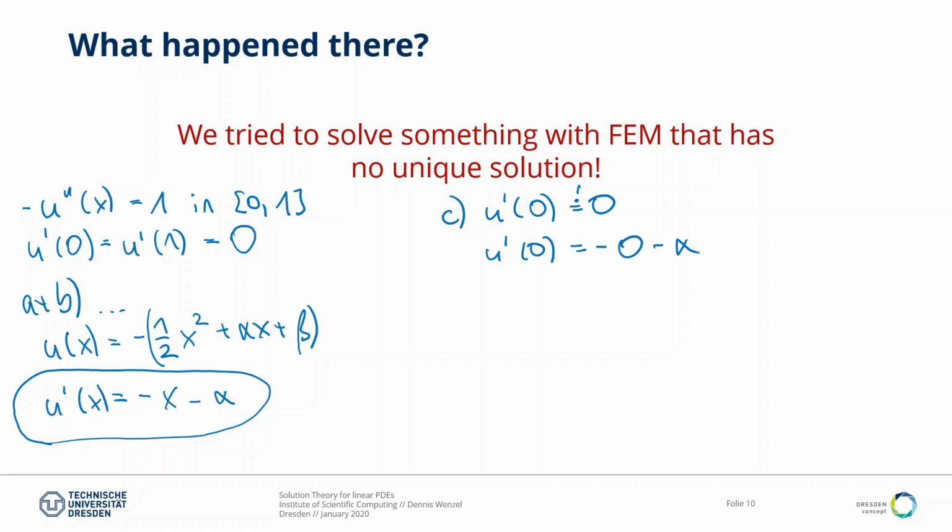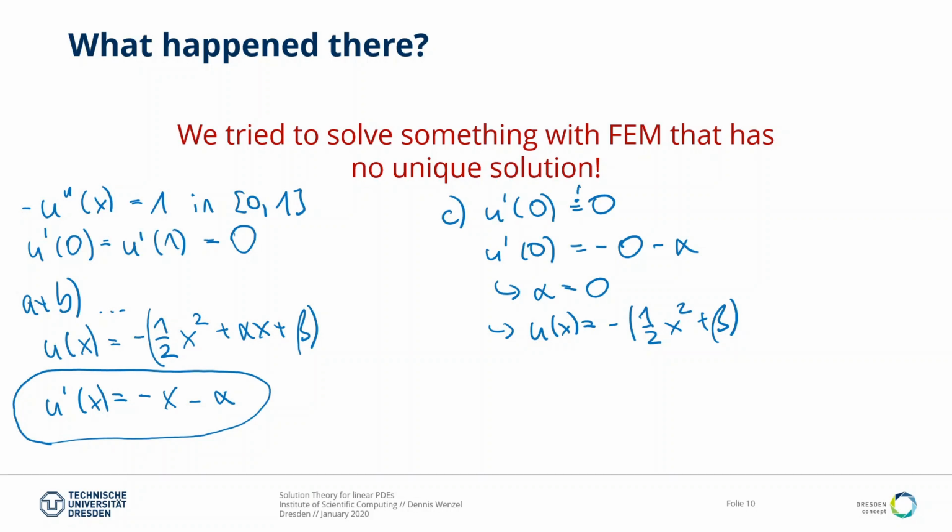Okay, well, if that is supposed to be 0, we can conclude that alpha needs to be 0. So our function looks like this. u of x is minus 1/2 x squared plus beta, because the alpha part vanishes.